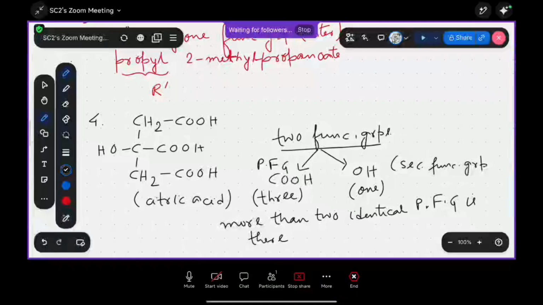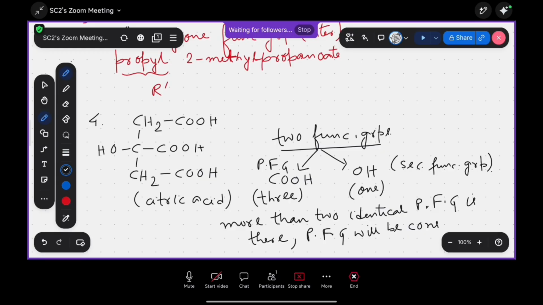So if any organic compound is given to you where more than 2 identical principal functional groups are present, then the principal functional groups will be considered as substituents.